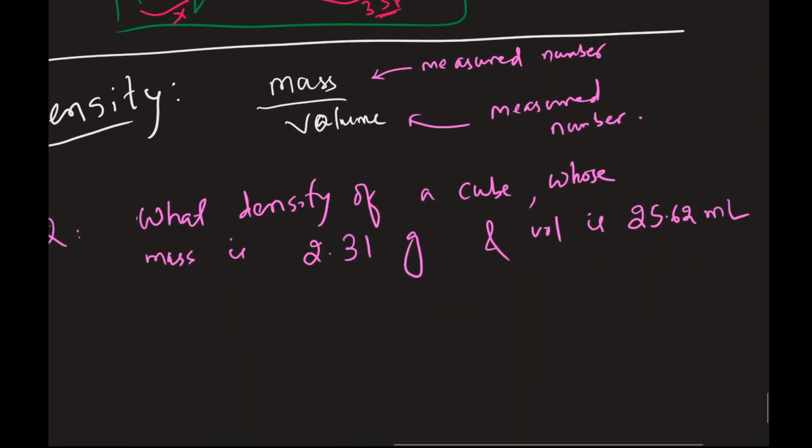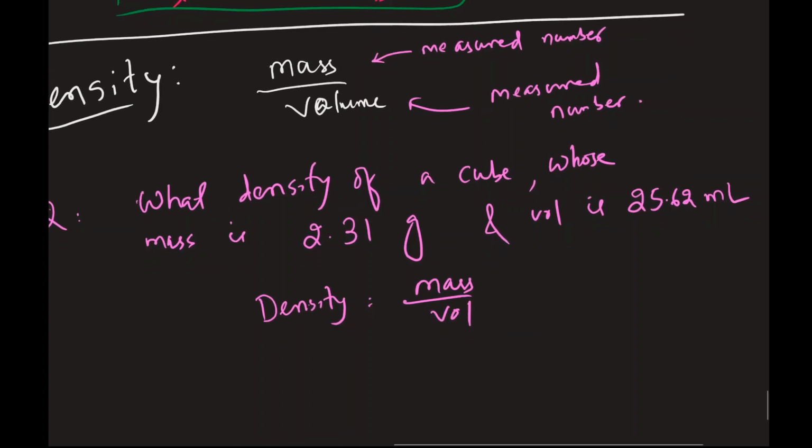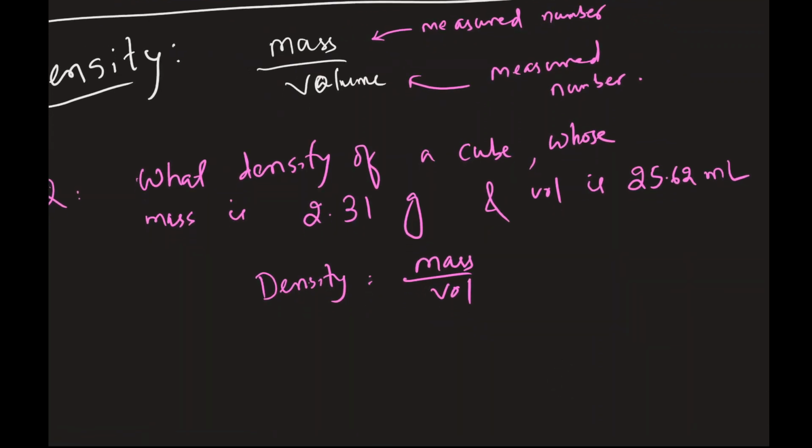So what is the formula? The formula is density equals mass by volume. If anything is missing from this equation, you can easily find it. I'll give you an example later. So what is the mass? Mass is 2.31 grams. What is the volume? 25.62 milliliters.